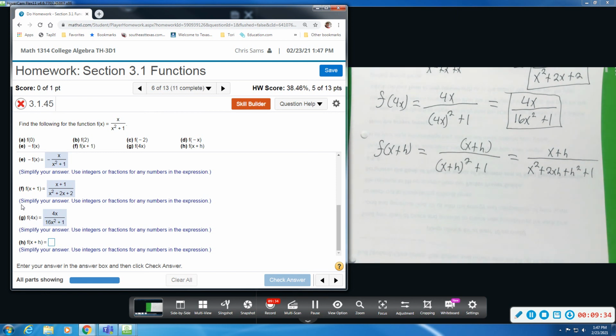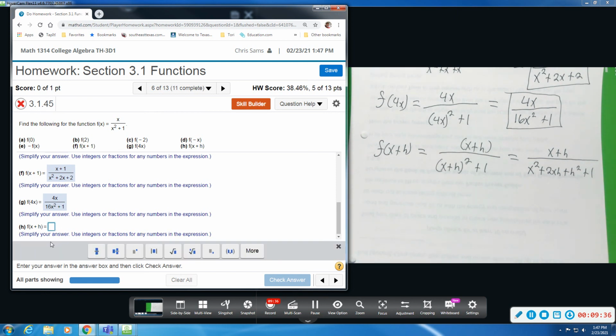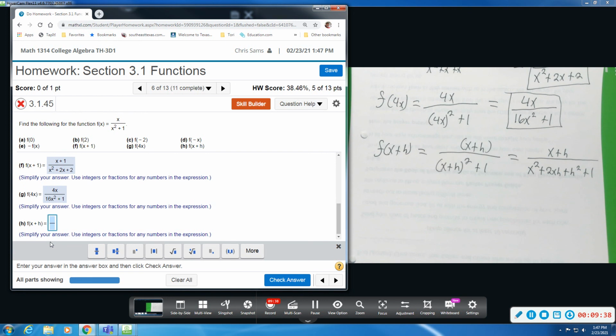Alright, so that will give us our last part. So x plus h on the top. On the bottom we have x squared plus 2xh plus h squared plus 1.